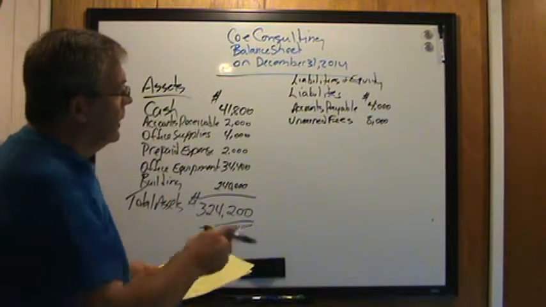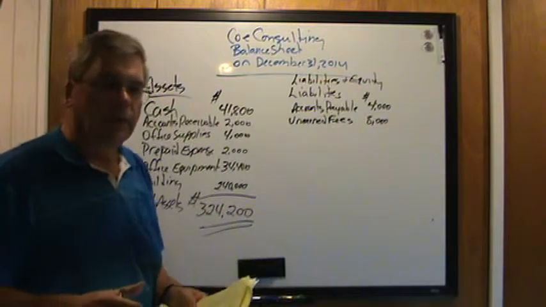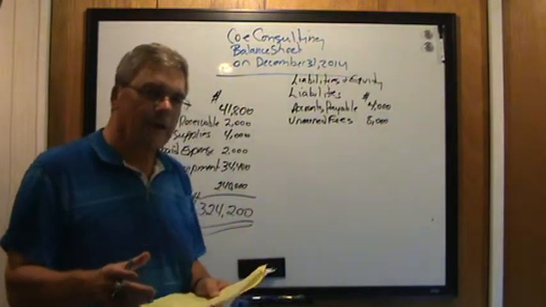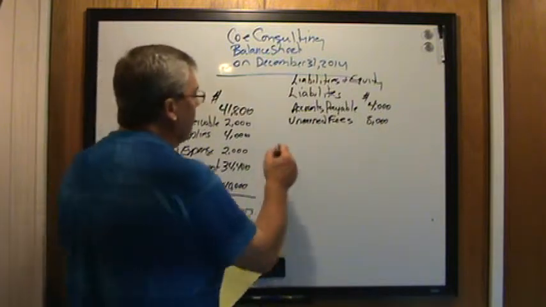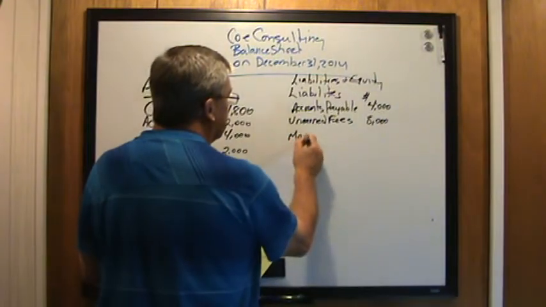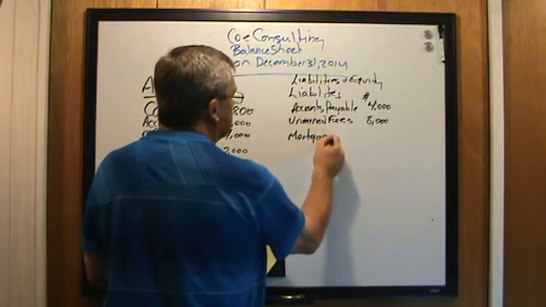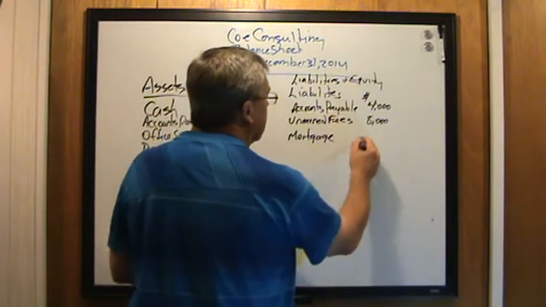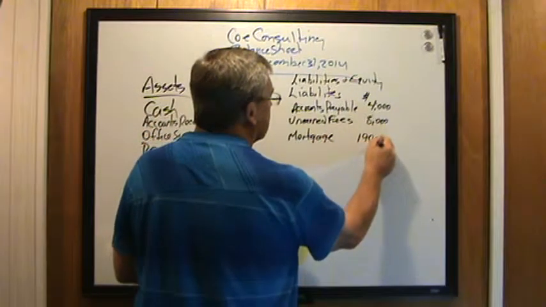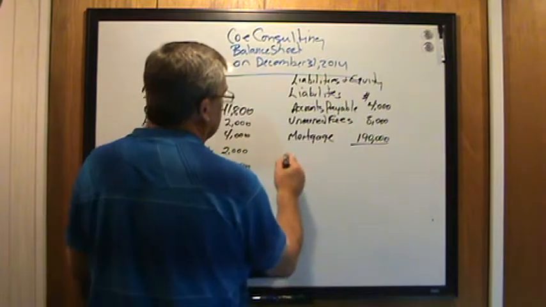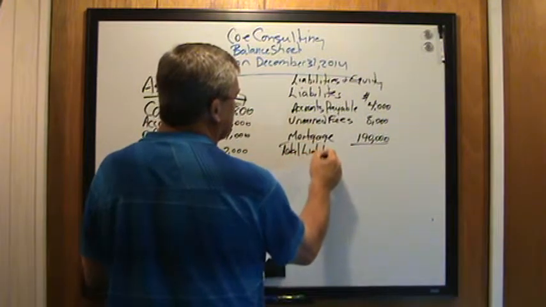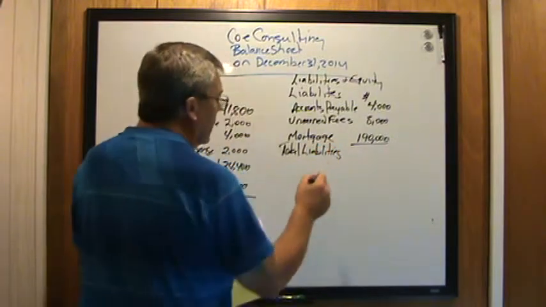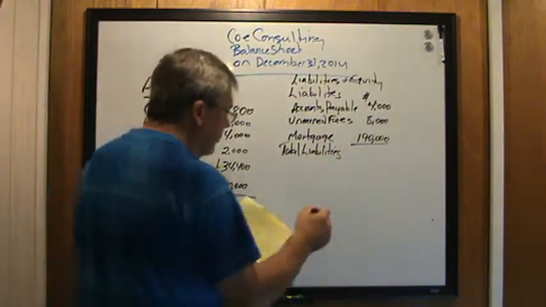All right, so those are, if we were classifying it, the current liabilities, and the long-term liability we have is the mortgage. So next is the mortgage, and it's 190,000. So total liabilities are equal to 202,000.